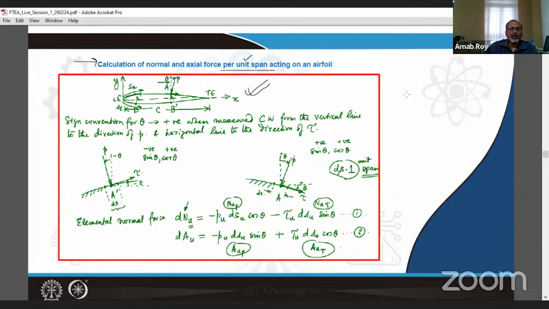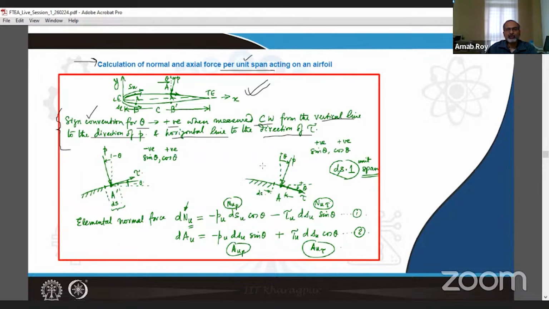The sign convention is very, very important here. The sign convention for theta is that it's positive when measured clockwise from the vertical line to the direction of action of pressure, and from the horizontal line to the direction of tau.